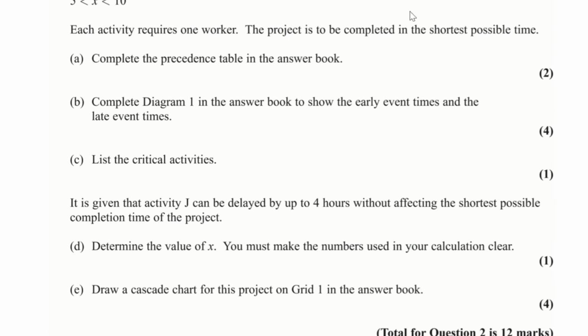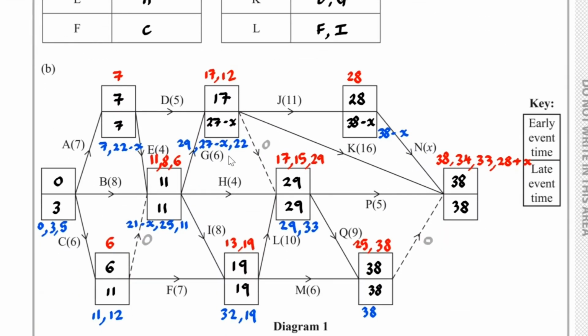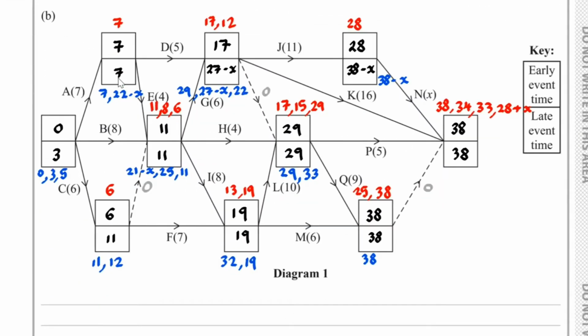For part C of the question, we have to list the critical activities. If we go back to our diagram, we are looking for where we have 0 float time.